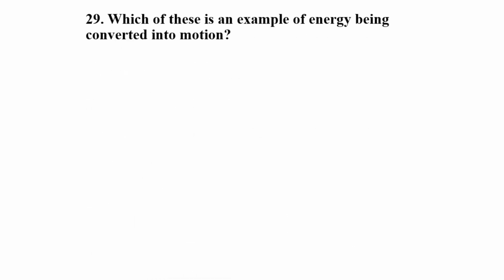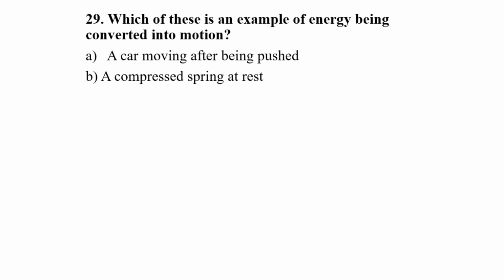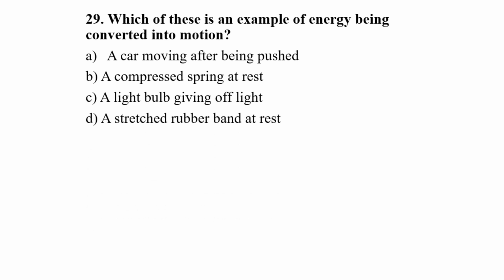Question number 29. Which of these is an example of energy being converted into motion? A. A car moving after being pushed. B. A compressed spring at rest. C. A light bulb giving off light. D. A stretched rubber band at rest.